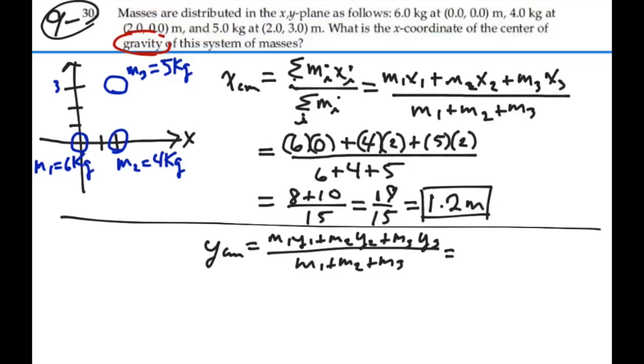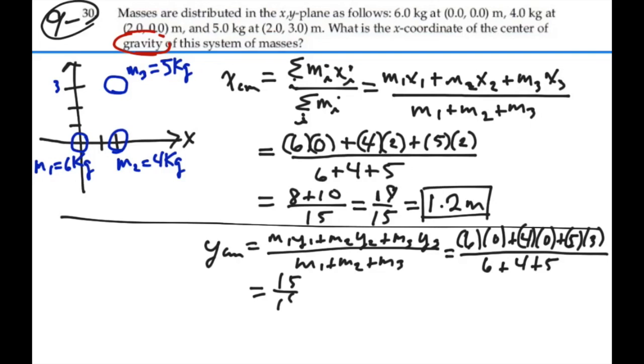And that would be equal to 6 times y position of 0 plus 4 times 0 plus 5 times 3, all over 6 plus 4 plus 5. So that would be equal to 15 divided by 15, which would be 1 meter.